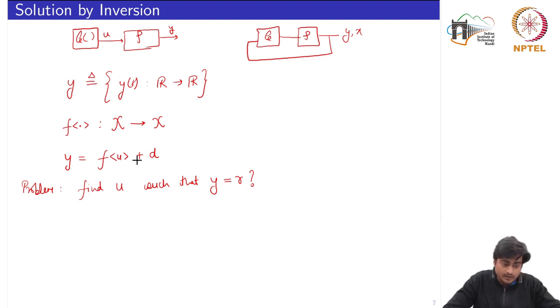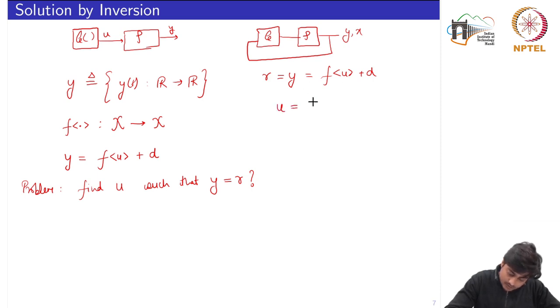Now the straightforward approach, taking this equation, we would have y equal to f(u) plus d. Since we need y equal to r, I would write y as equal to r directly and compute the control signal from here, which would be the function inverse of r minus d.